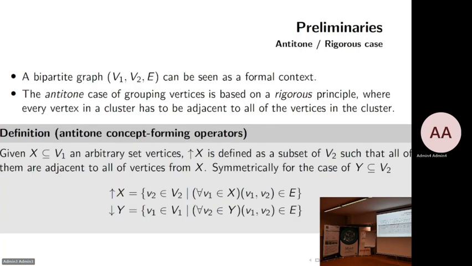In the usual one, the intent is defined as the subset containing all the adjacent nodes to the given node. I'm talking now in graph terms.